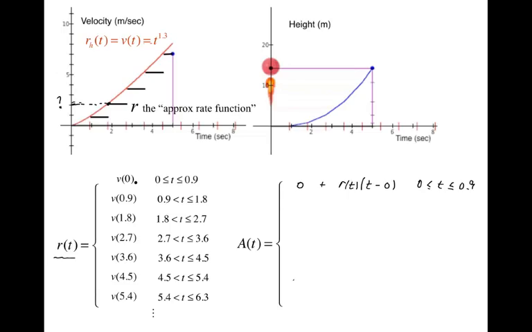Okay, so here, now I'm going to show you something. Rather than figure out what the accumulated change was in that first interval to use right here as the starting amount of the next, look what we can do. Because we said it was equal to 0.9, how can we represent that starting amount? He wants A of 0.9. It's already been defined in this first line, so it's okay to use it.